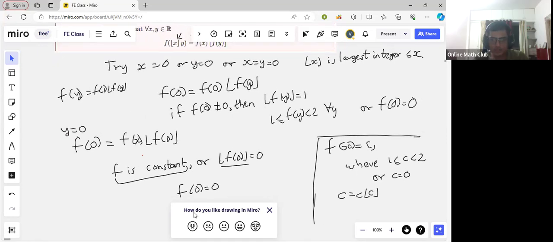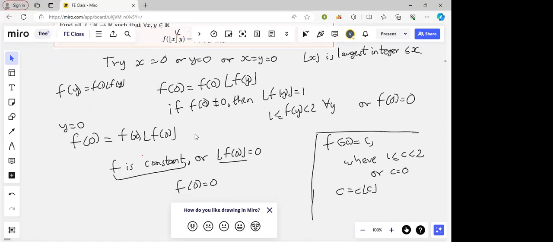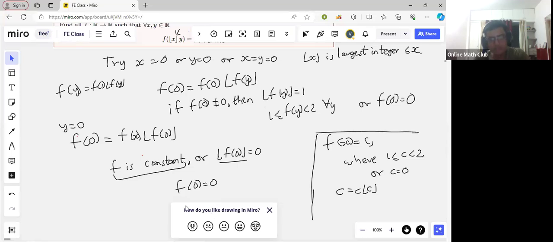How did you show the f of 0 case? No, we are not done. We are just saying this part. We have proven that f of 0 is 0 or f of x is a constant. This much is clear, right?